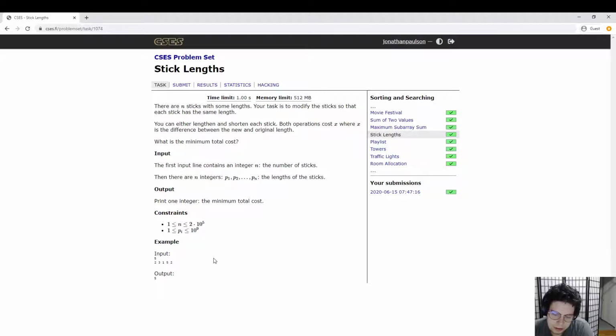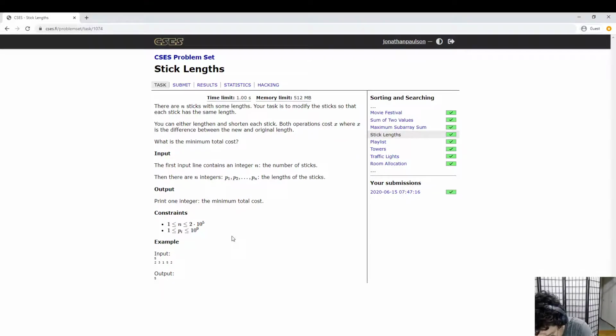So suppose that we start at 1. Then the total cost is just going to be the sum of the sizes minus 1, right? Because they're all going to have to go down. What happens as we change from 1 to 2? Well, everything that was bigger than 1 is now going to cost 1 less, right?